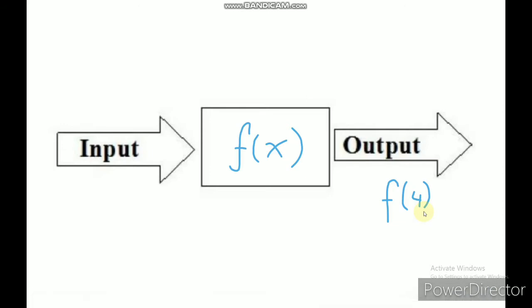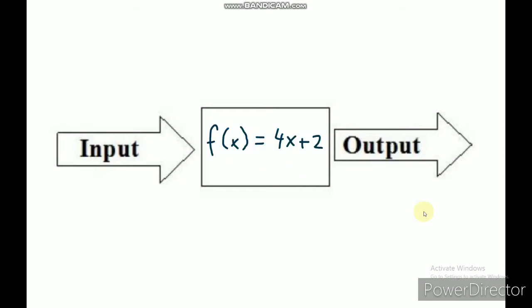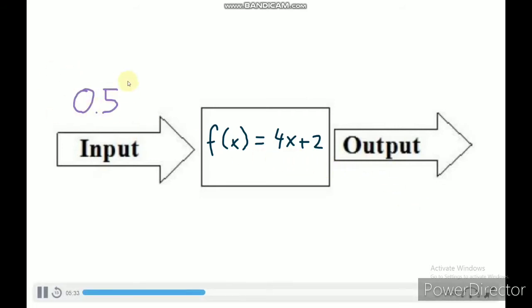When you put 4 into f(x), the output becomes f(4). For example, if the function f(x) is 4x + 2, and the raw material is 0.5, which is the x from the domain, then when it's processed, the output will be f(0.5).